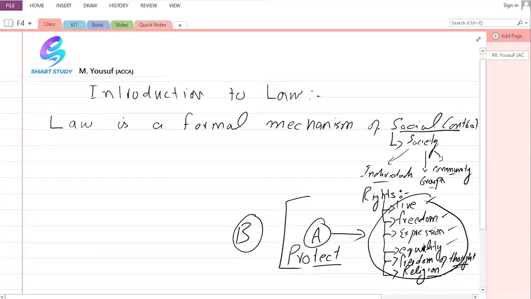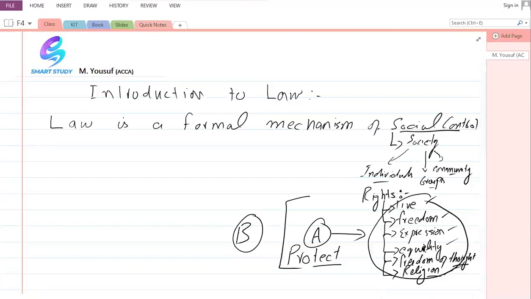There are also other rights like social protection, right of opinion, consciousness, marriage, and fair trial. Many rights are provided by the constitution to every individual living in that society.